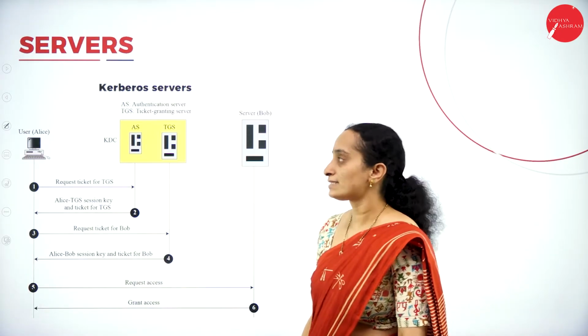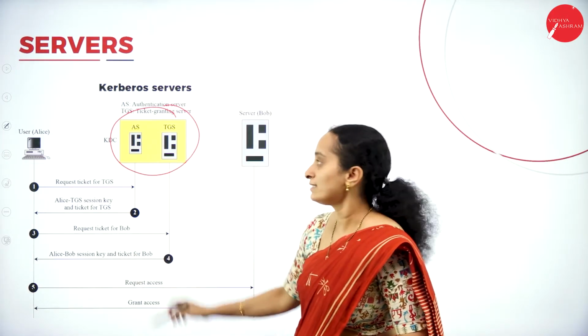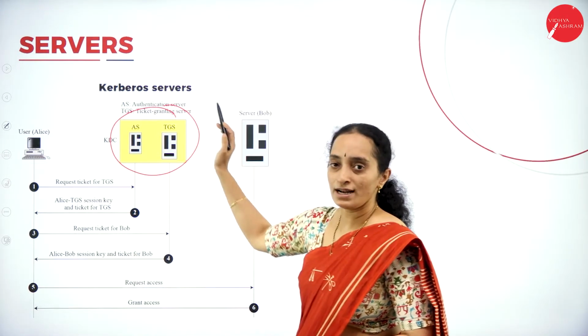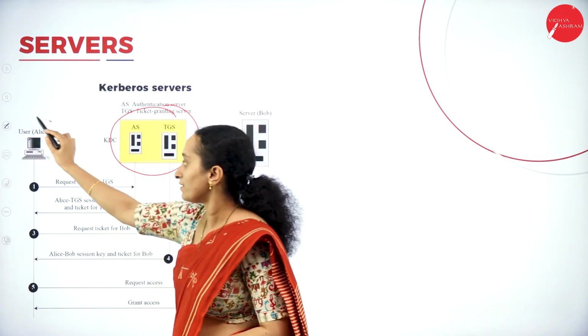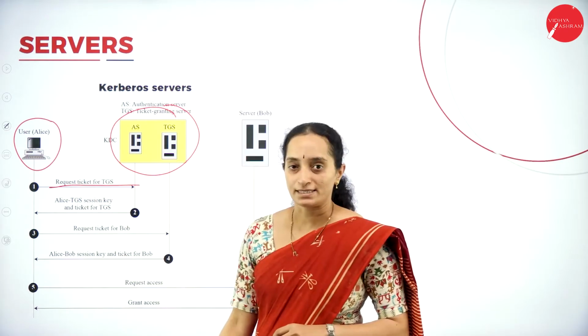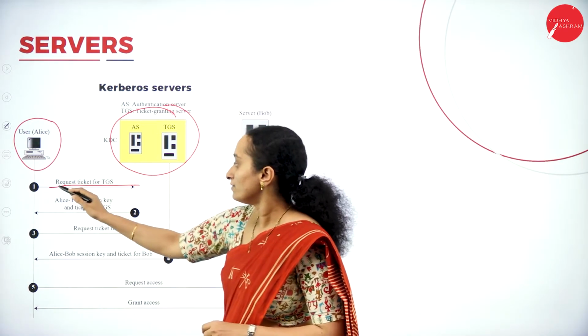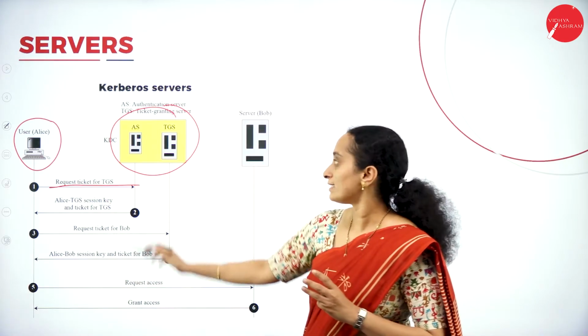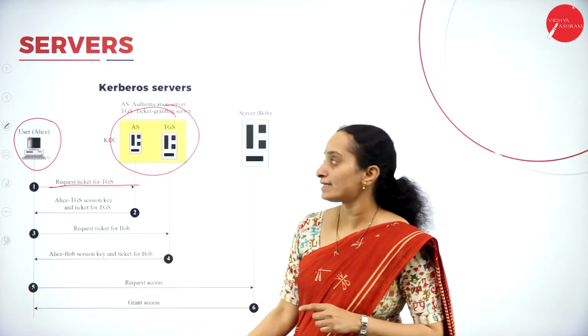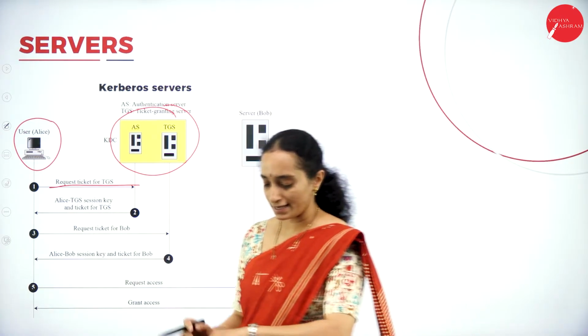Here we have the servers in Kerberos, which has 2 servers, the authentication server and the ticket granting server. Alice uses the message or the Kerberos KDC server, which uses 3 servers, that is an authentication server, a ticket granting server, and another one is the data server.